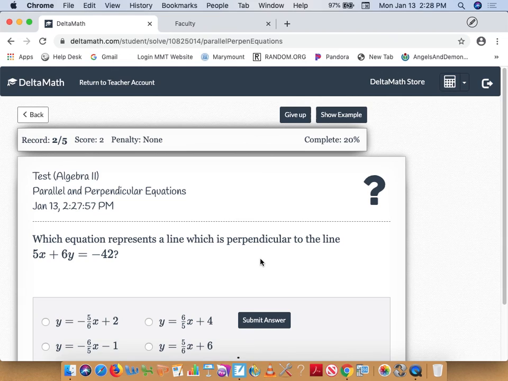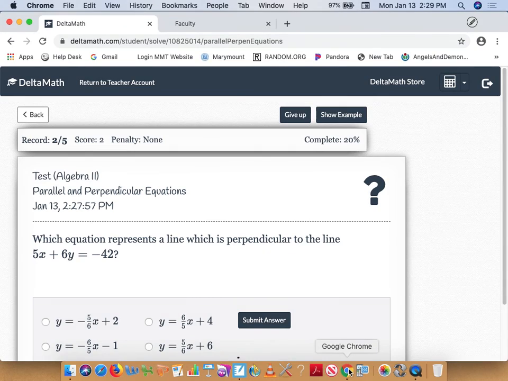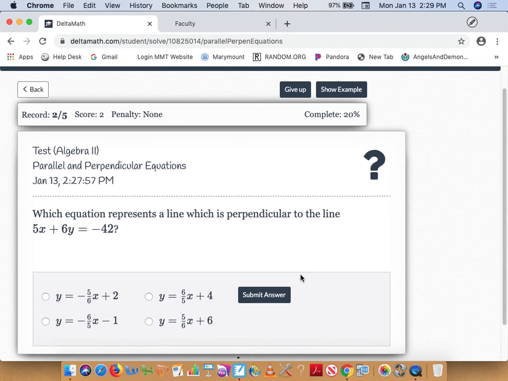I could have almost messed it up again. If it's parallel, you're looking for one with the same slope. So make sure you're reading the word. It says perpendicular. So Ella had us find the slope. Let's remind ourselves what it is. Our slope right now is negative 5 over 6, so we're looking for something 6 over 5. And it should be this one. Now I'm kind of worried.